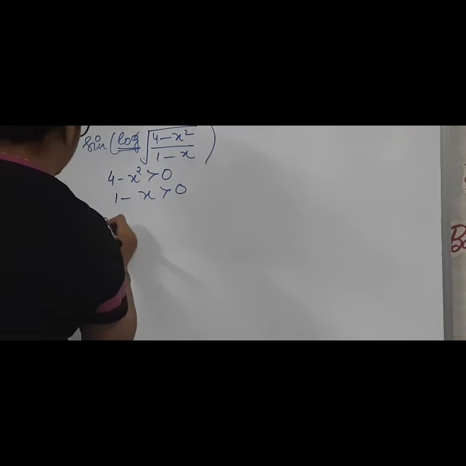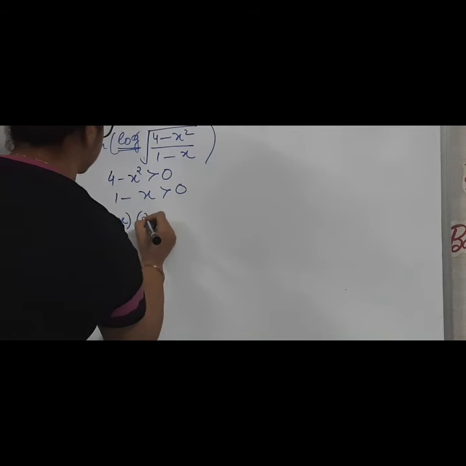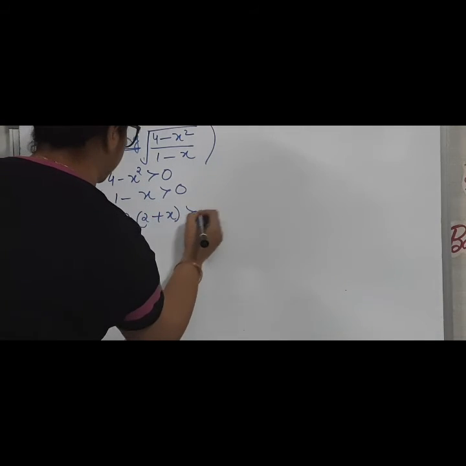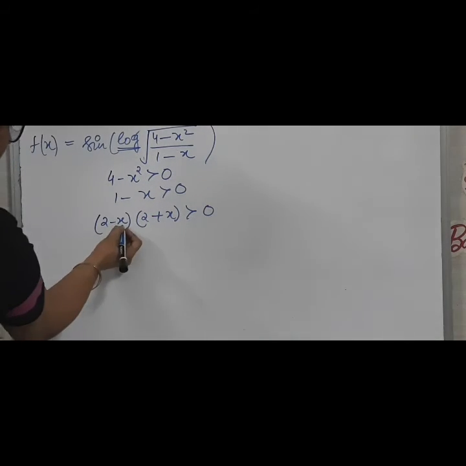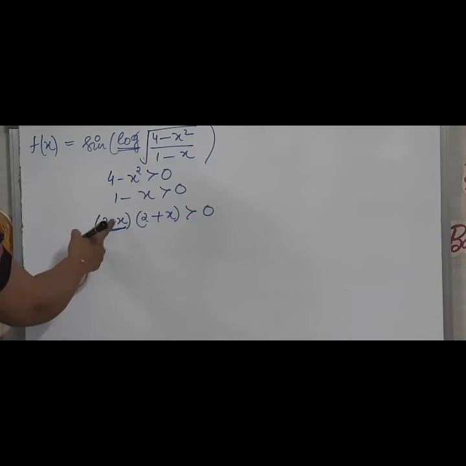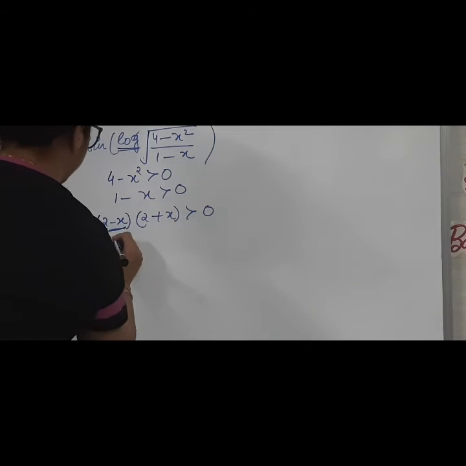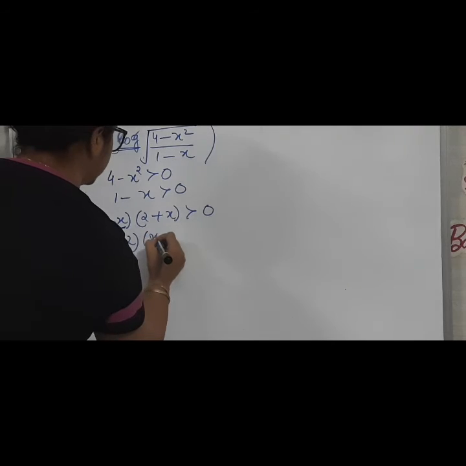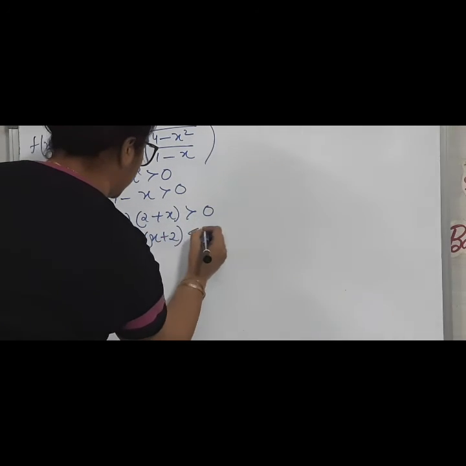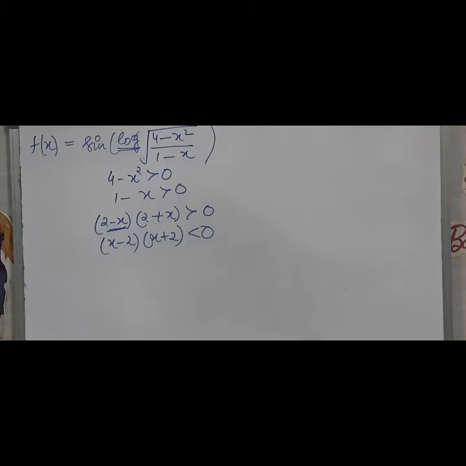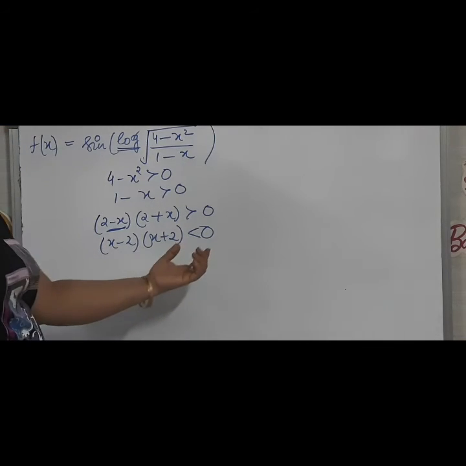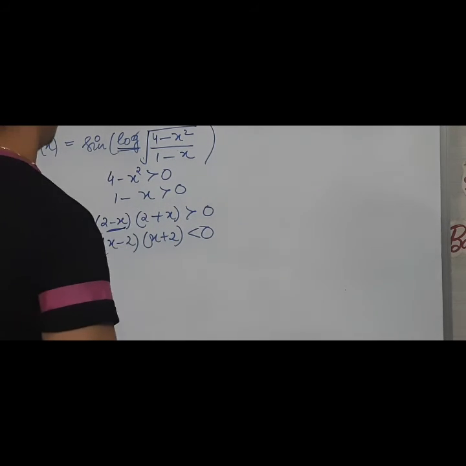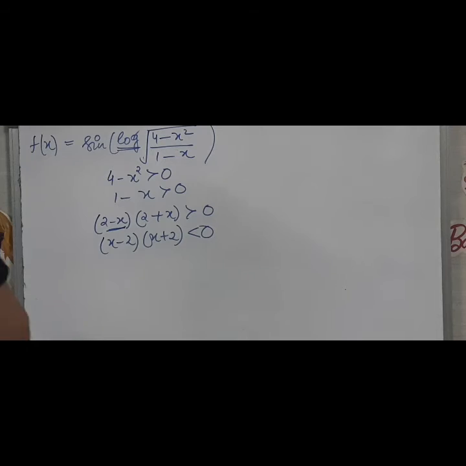Now I will factorize it: (2 minus x)(2 plus x) greater than 0. I will take minus common to make x positive. So it becomes (x − 2)(x + 2) less than 0, because in an inequality when we multiply by a negative sign, the sign changes. Greater becomes less and less becomes greater.